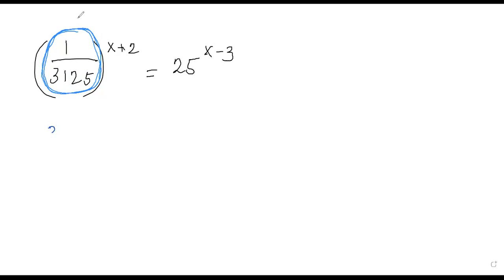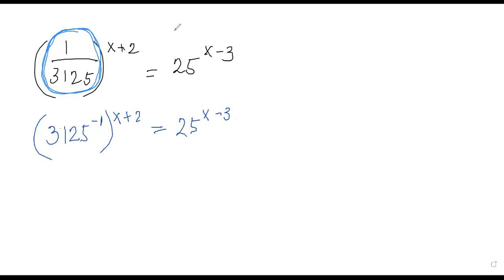Kasi, class, i-reciprocal natin si 3,125 para umangat. Di ba kapag nagre-reciprocal tayo, merong -1? So times x plus 2, equals 25 raised to x minus 3. Ayun na, class, mas napadali yung trabaho natin, di ba?